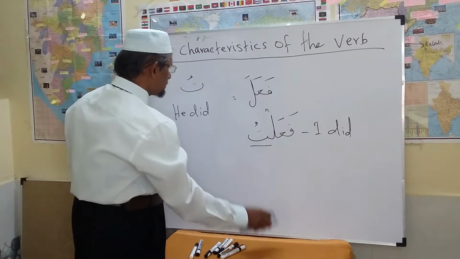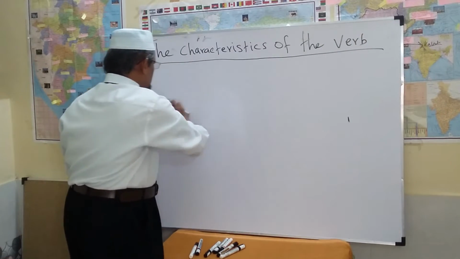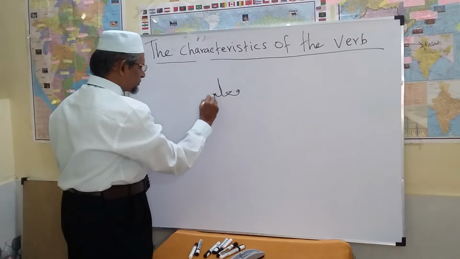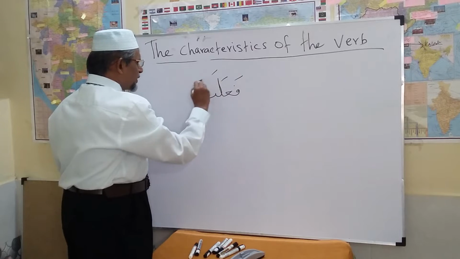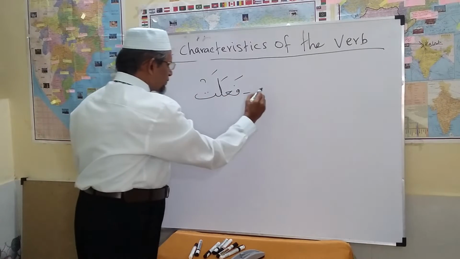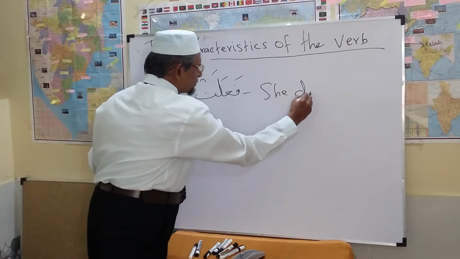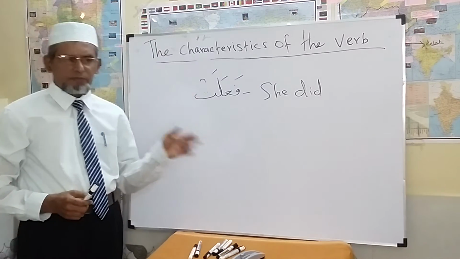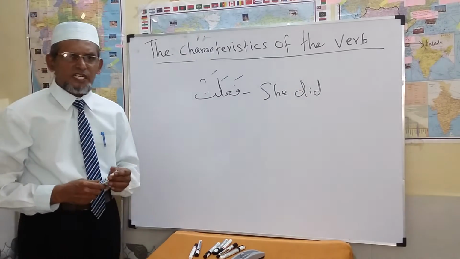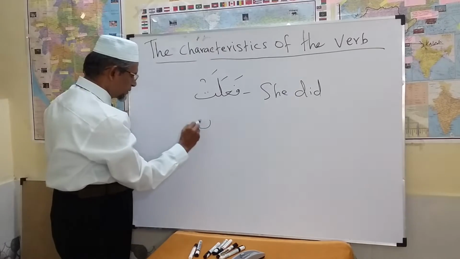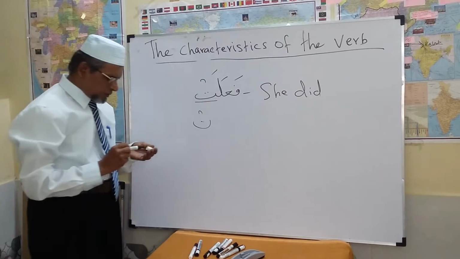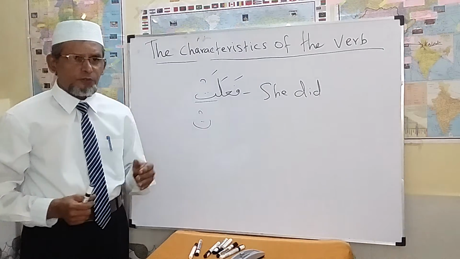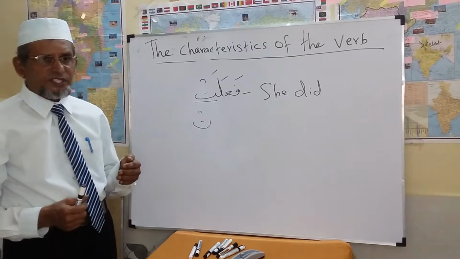And the word fa'alat, which means she did, is also a verb, because it is suffixed with the letter ta, which is the subject of the verb, and also one of the characteristic evidence of the verb.